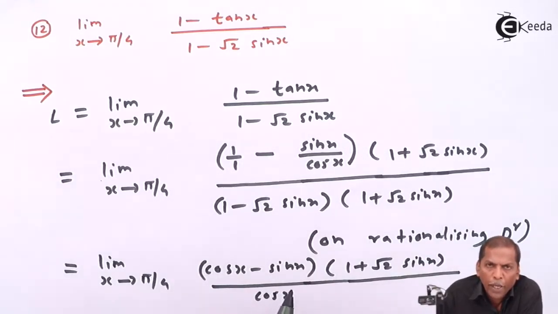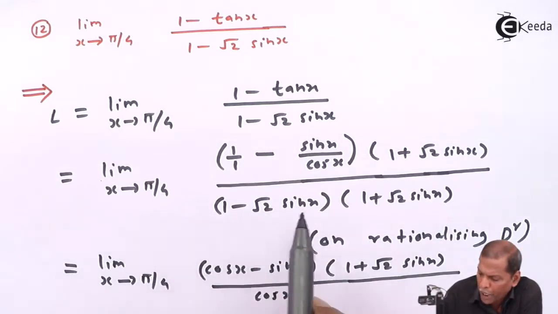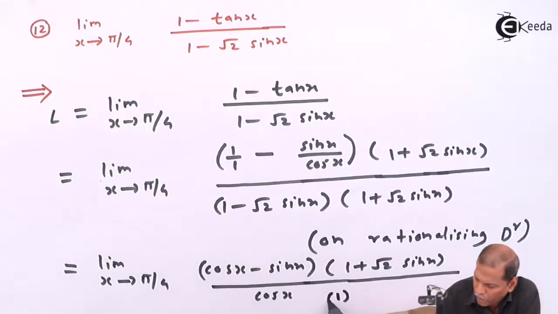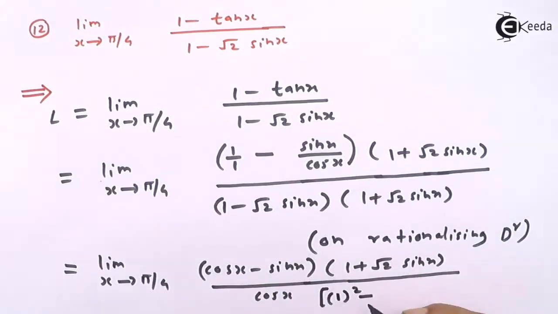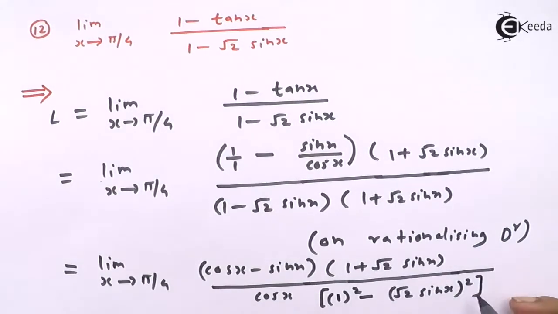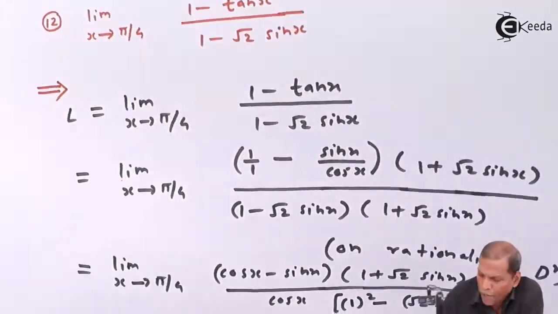Now in the denominator we have the type (a minus b)(a plus b), that gives a square minus b square. So here we get 1 the whole square minus (root 2 sin x) the whole square, and finally the bracket is complete.